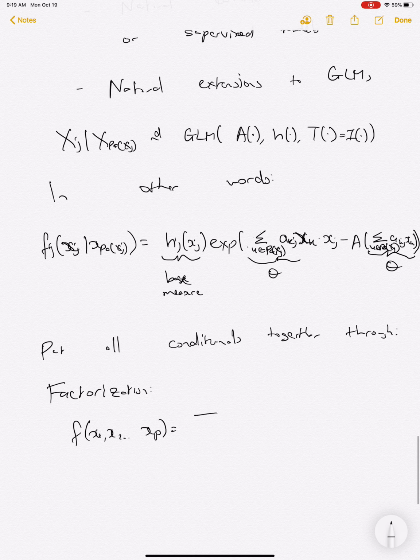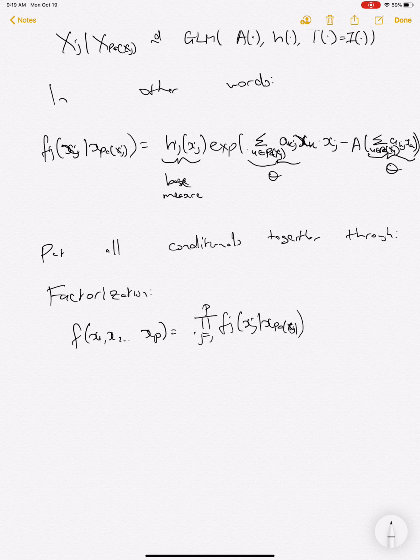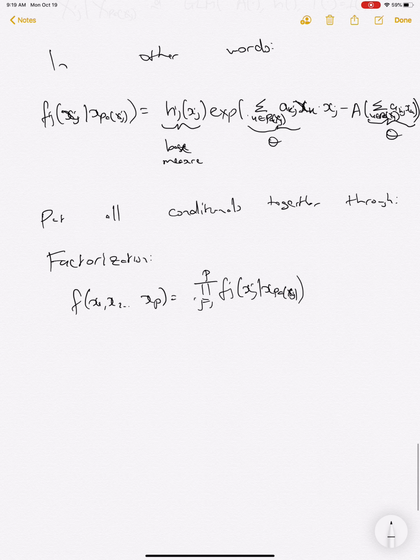And that always defines a valid distribution for a DAG. So that's pretty cool, you only need to define the conditionals, and each conditional is just a separate linear model or GLM. Once you have those conditionals, that completely tells you the whole joint distribution.